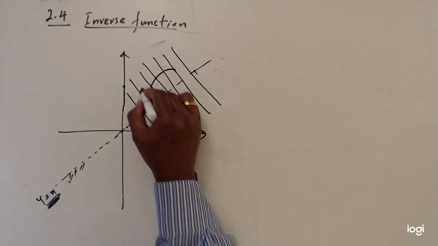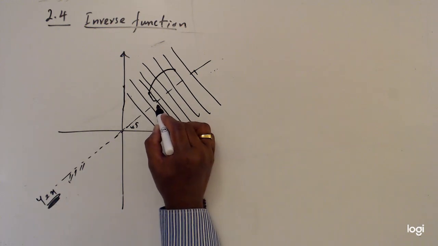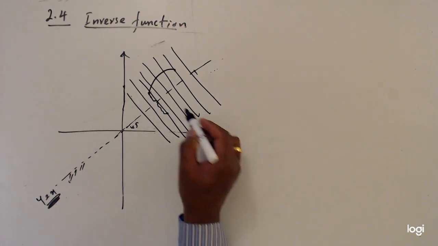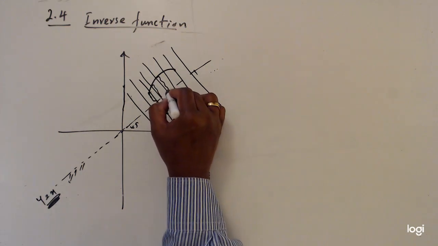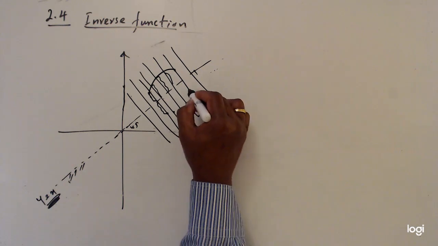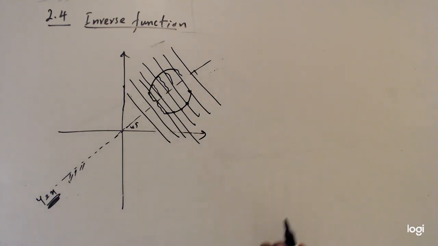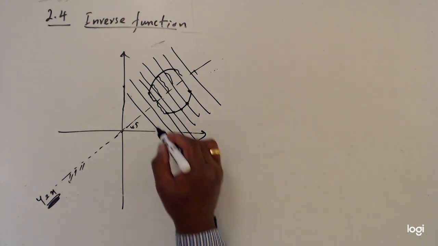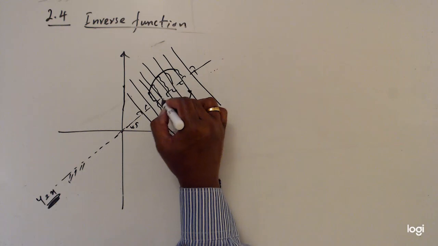Now you can see this distance, and you want to get the same distance on the other side. Here to here, the same distance. Here to here, the same distance. Then you can take a curve. Those are all perpendiculars, 90 degrees.